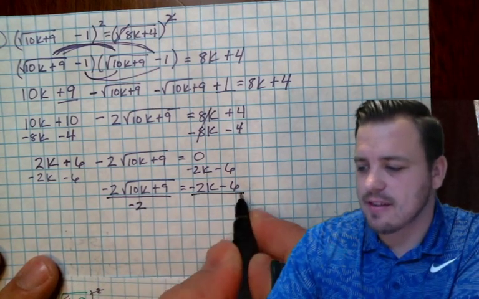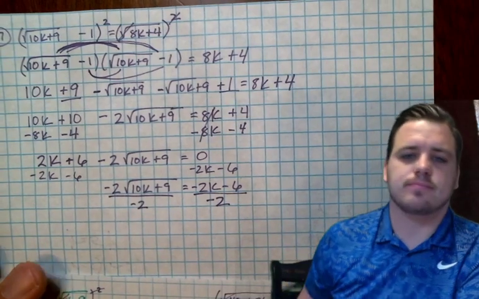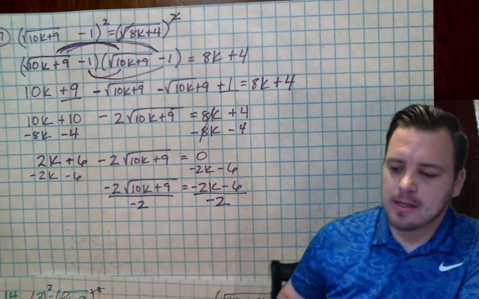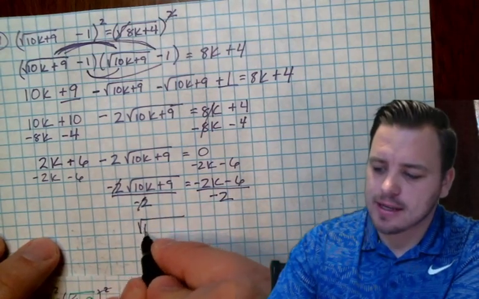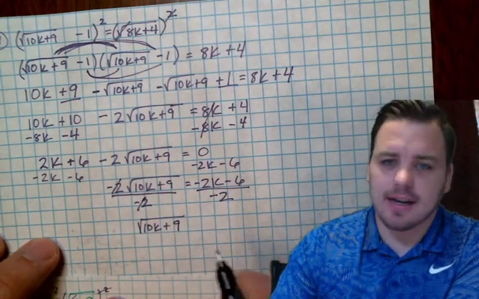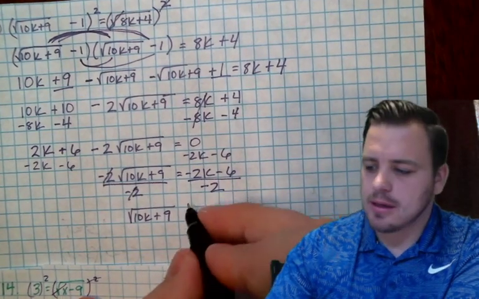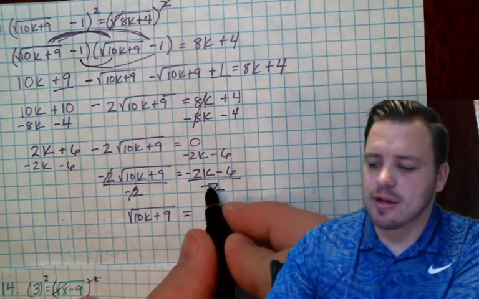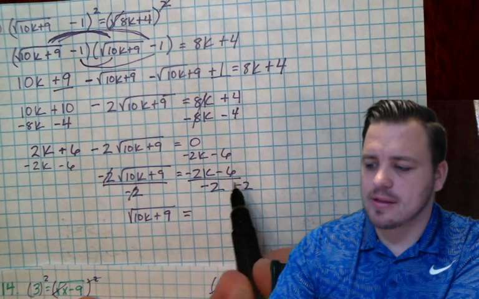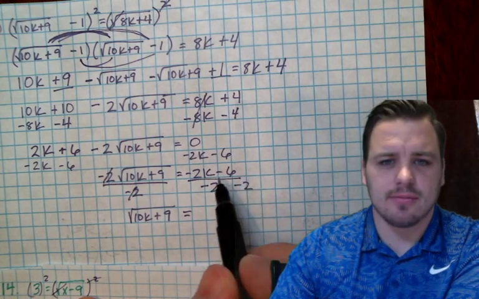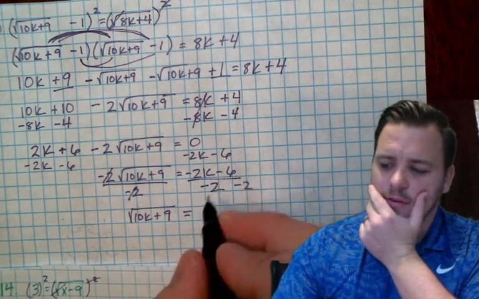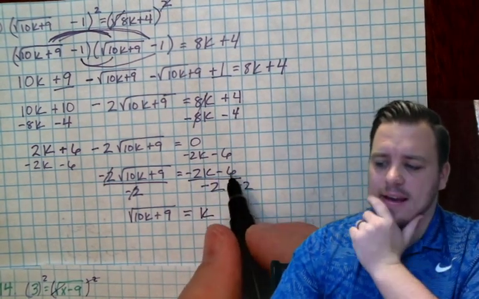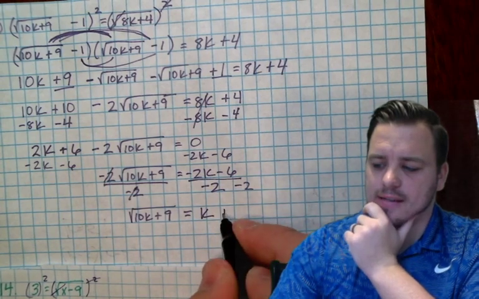Then let's divide everything by negative 2. So that cancels there, and I have radical 10k plus 9 is equal to negative 2 over negative 2, and I could set both of these parts of the numerator over negative 2. So negative 2k divided by negative 2 would be positive k. Negative 6 divided by negative 2 would be positive 3.